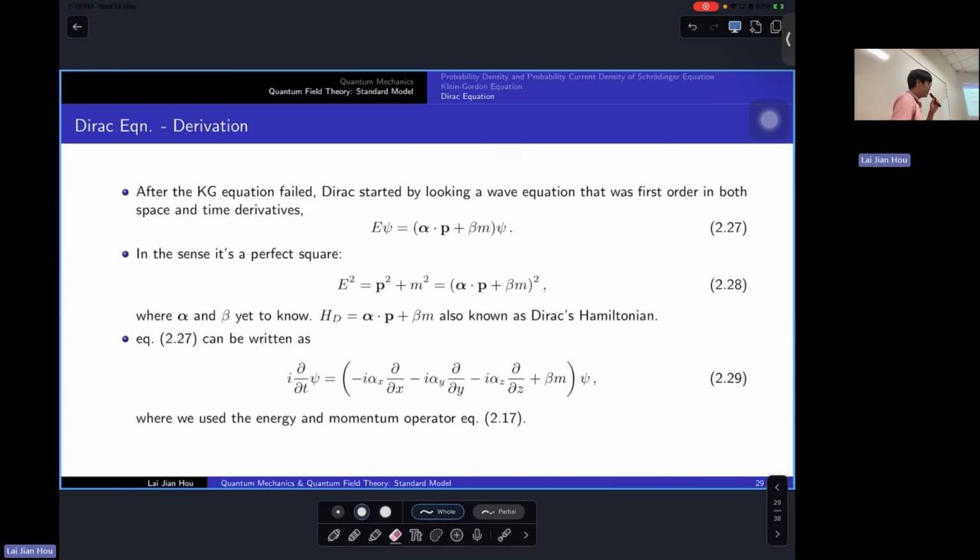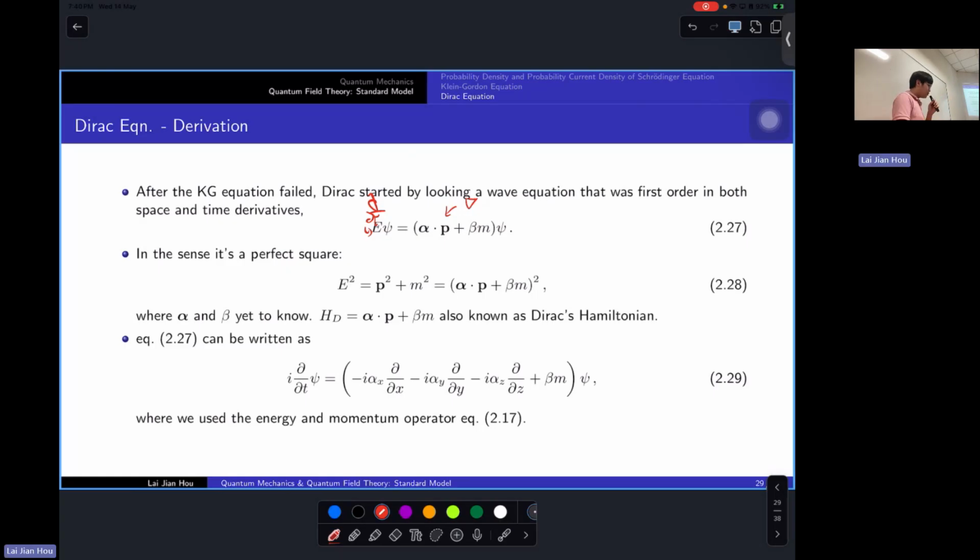And the Dirac equation is the second attempt at finding the relativistic version of quantum mechanics. So it starts by assuming first order terms in both space and time derivative. In the sense that this one is del over del t here, and p here, when writing out the operator form, is the nabla here.